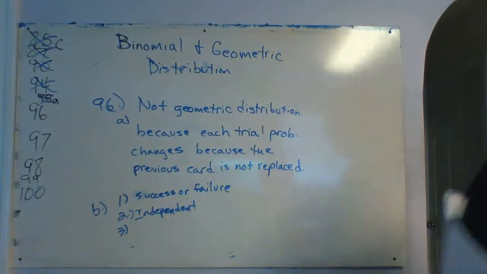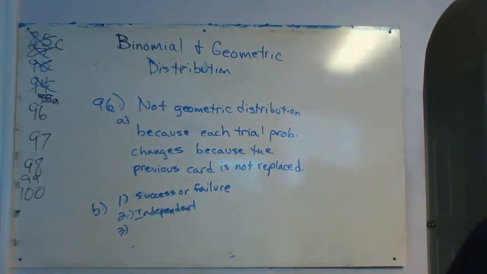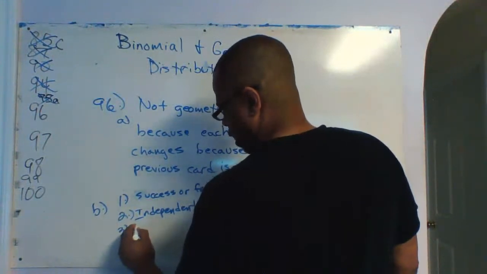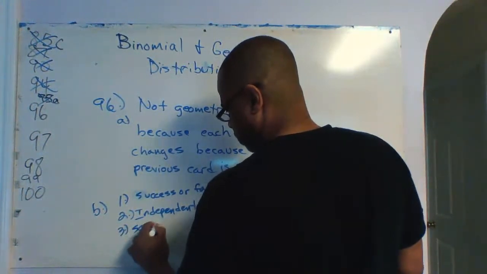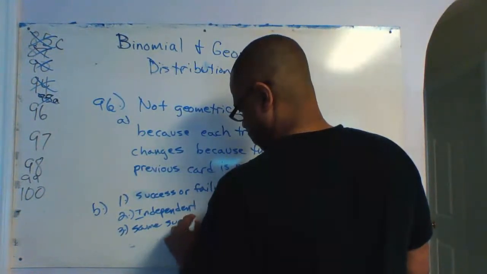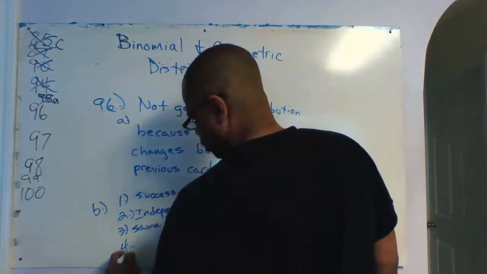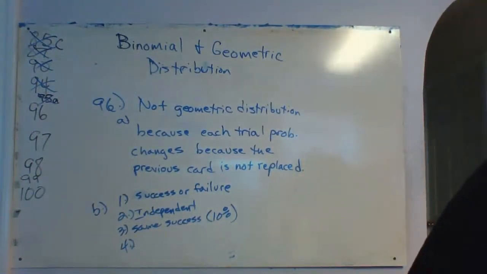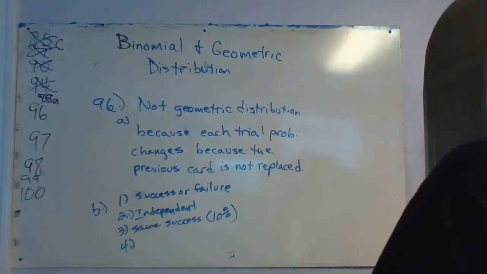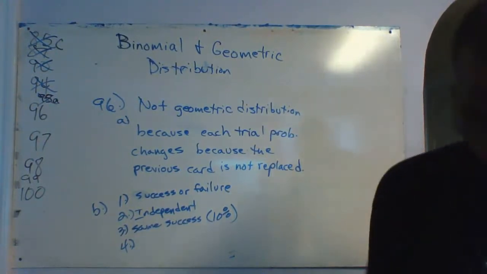Then same success, which was 10%, I think. And then they told you the very last part for 96: the instructor makes Lawrence shoot the arrow until he gets a success.